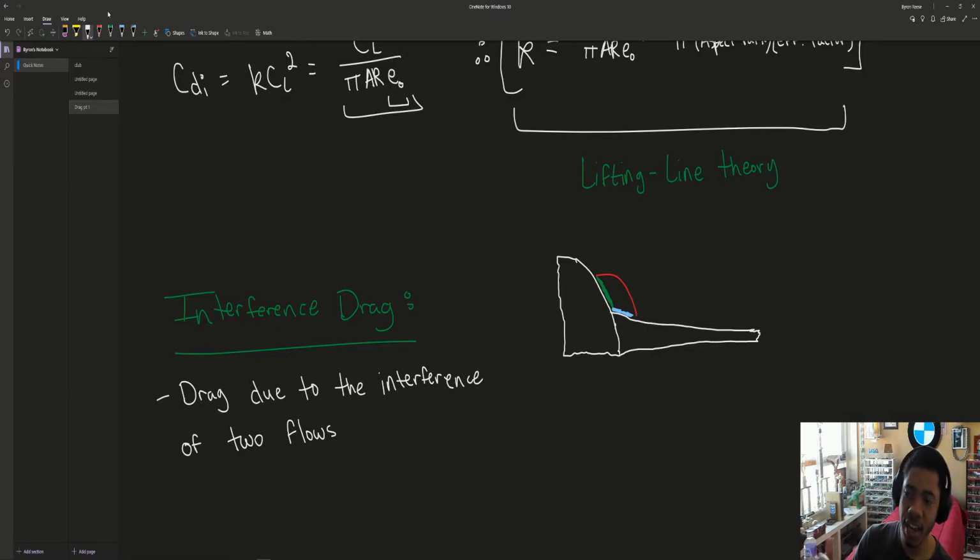But since they're at angles to each other, if they hit into each other, and they might be moving at different speeds because of their respective boundary layers, the molecules are going to start bouncing around, and they're not going to be exactly streamlined anymore. They're going to start having different velocity components. Now this is going to help increase drag because of just interfering boundary layers having viscous effects on each other.